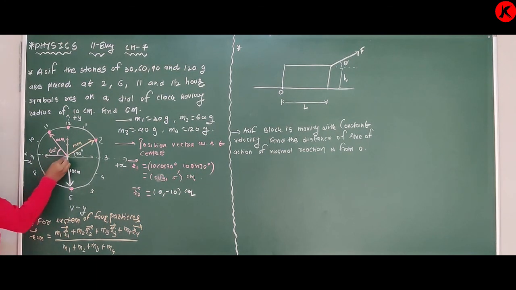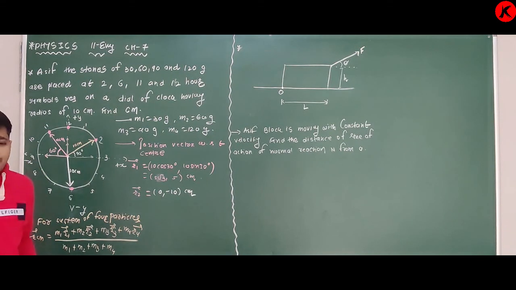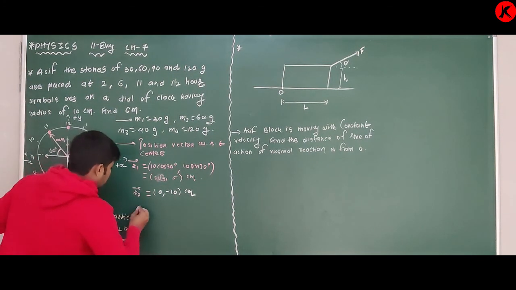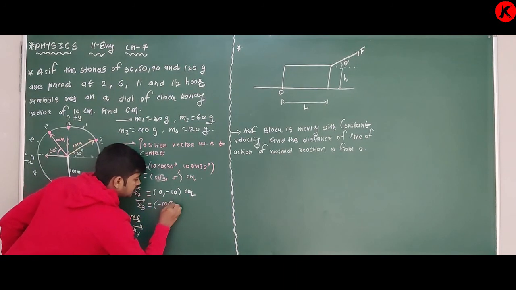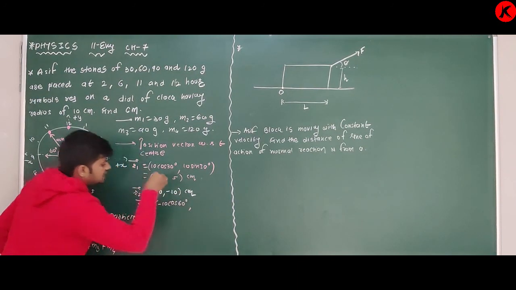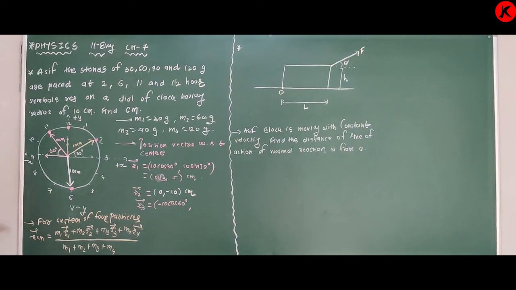So again, it's two components. This component becomes 10 cos 60. And as it is along negative x direction, how to write R3? R3 is equal to minus 10 cos 60, because this component is along negative x-axis.